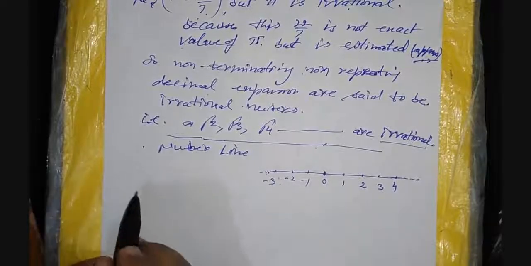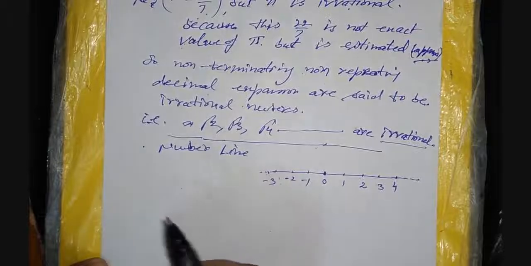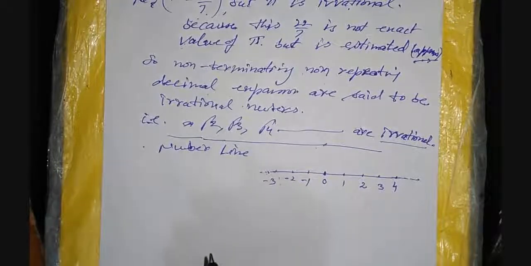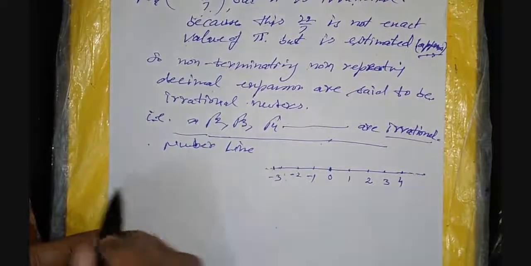We can take examples of root 2, root 3, root 5, and a lot of numbers can be taken. Let us take the first, root 3.